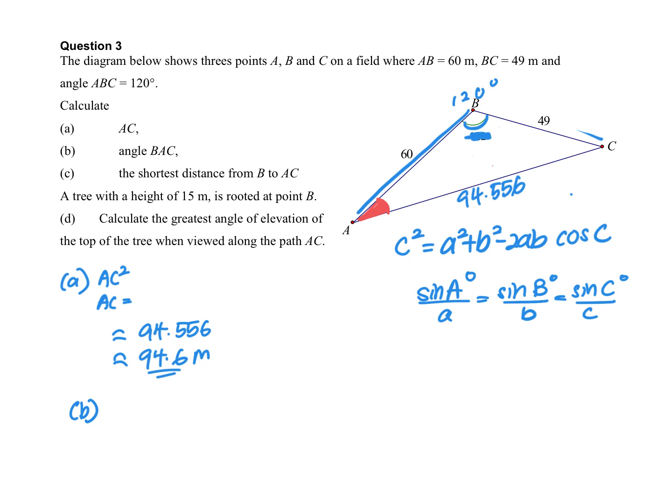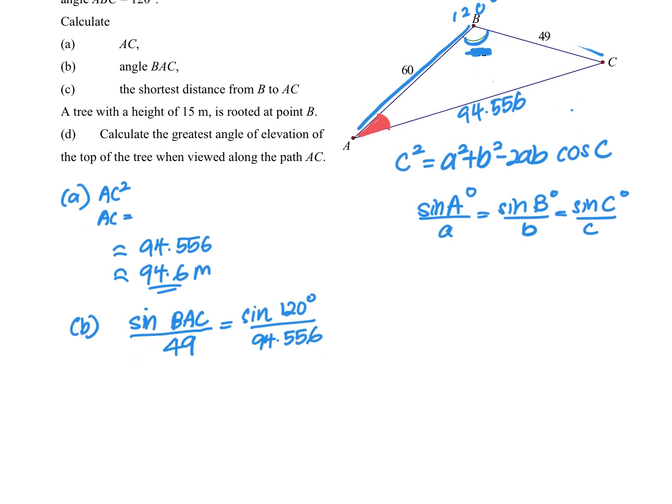Okay, so this one is sine of angle BAC over 49, right? Anyone give me the next part? Sine of which angle? Okay, 120 over 94.556. Yes, use the 5 sig fig working. Then Richard, you know how to do the next part already?